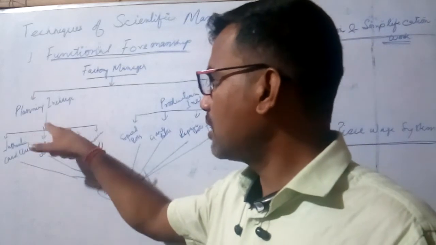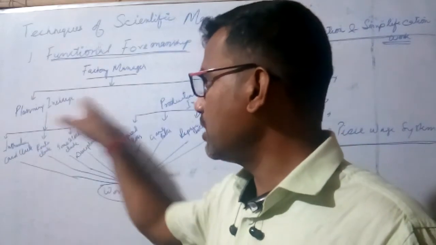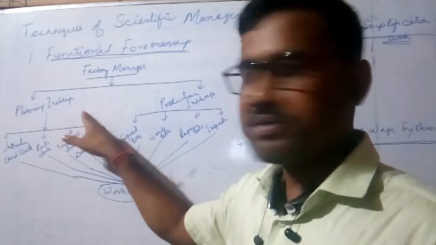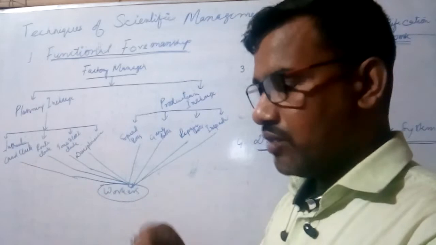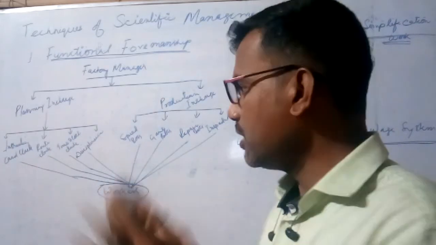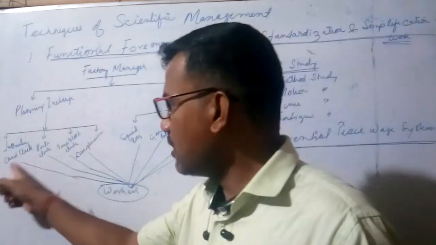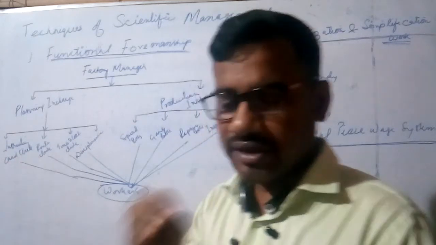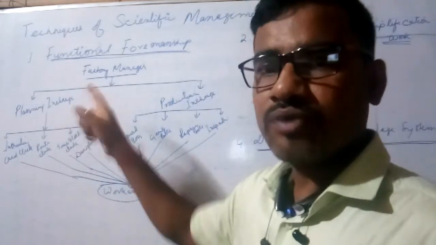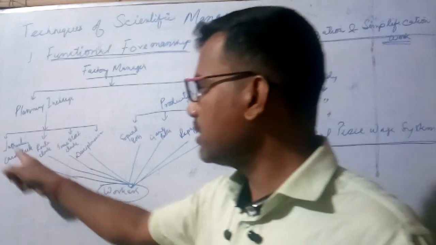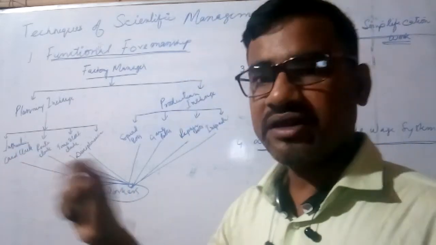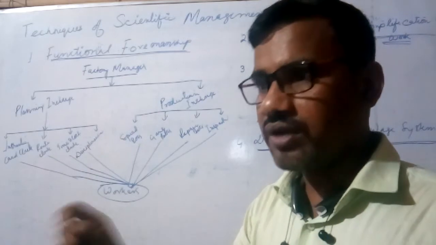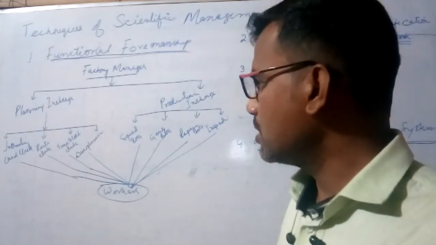Under the planning in charge the day-to-day plan is made. The instruction card clerk's duty is this: on the card, the day's work plan is written, and accordingly the instruction card clerk will instruct the worker about what is written in that card, what is to be done today, what the procedure is, and so on.